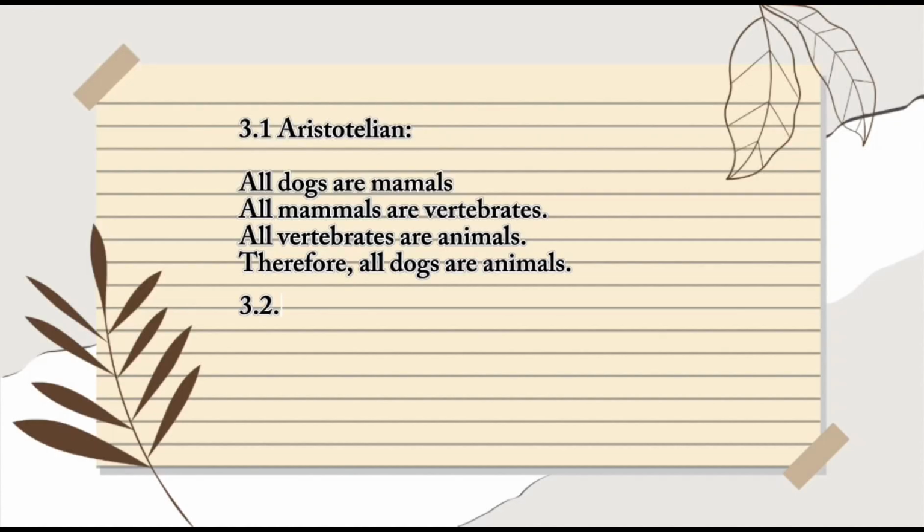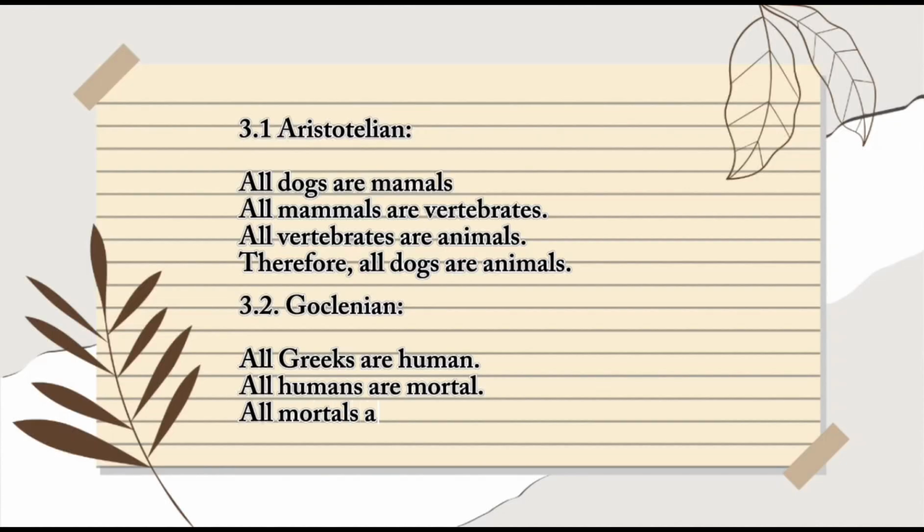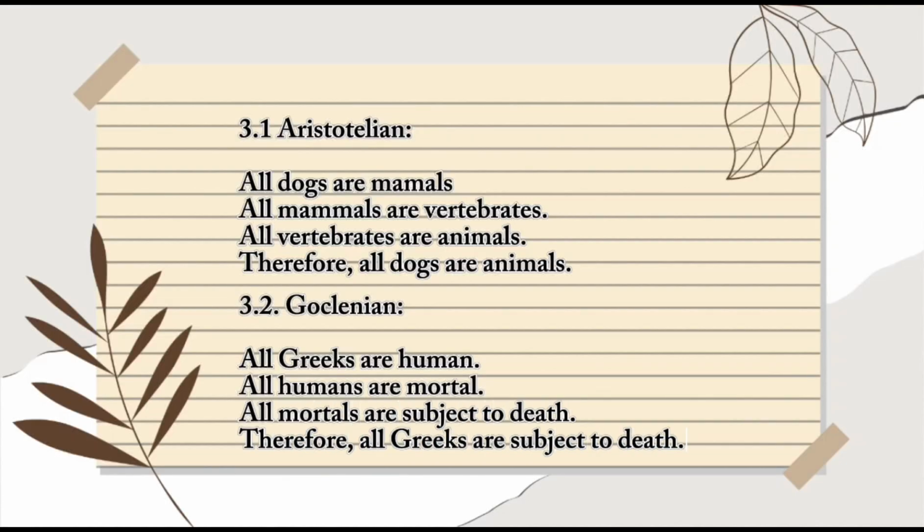Another example in Goclenian sorites. So, all Greeks are human. All humans are mortal. All mortals are subject to death. Therefore, all Greeks are subject to death.